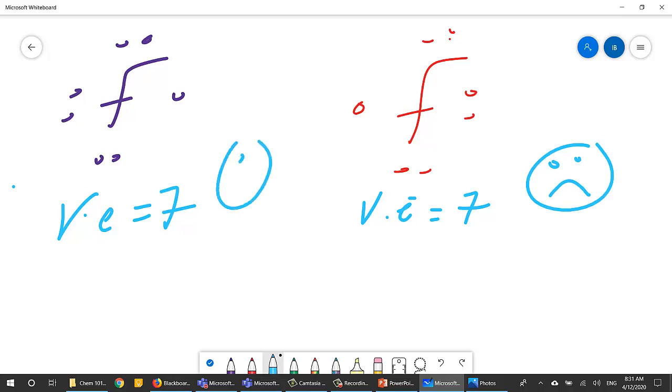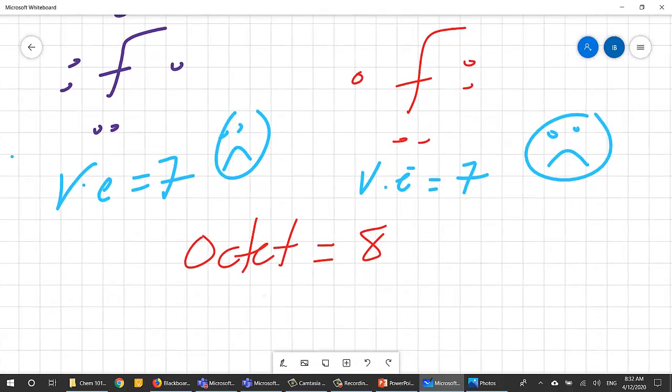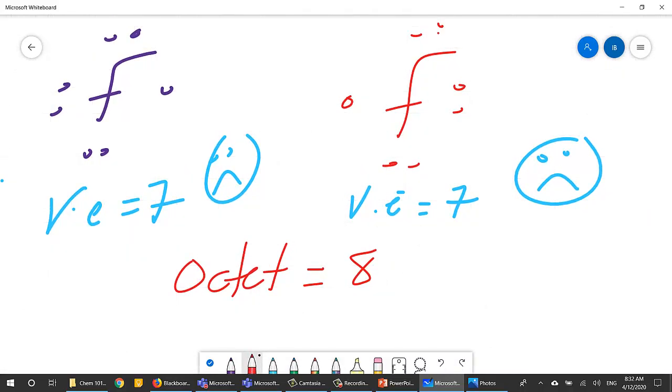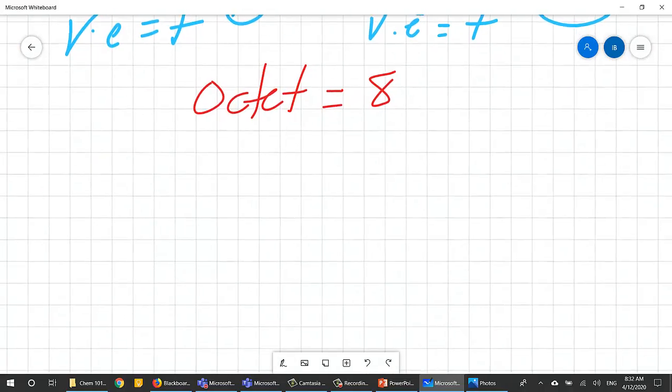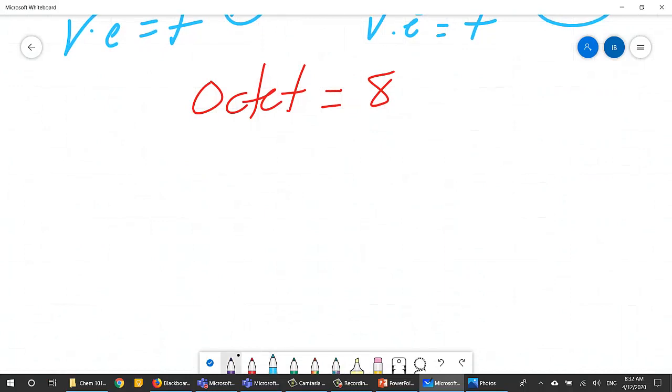Neither is this one, because they like to have an octet in their outer shell. Octet means 8. And the best thing, as we said, is that when this guy brings this electron to the middle and this electron to the middle to form an F2 molecule, which looks like this.